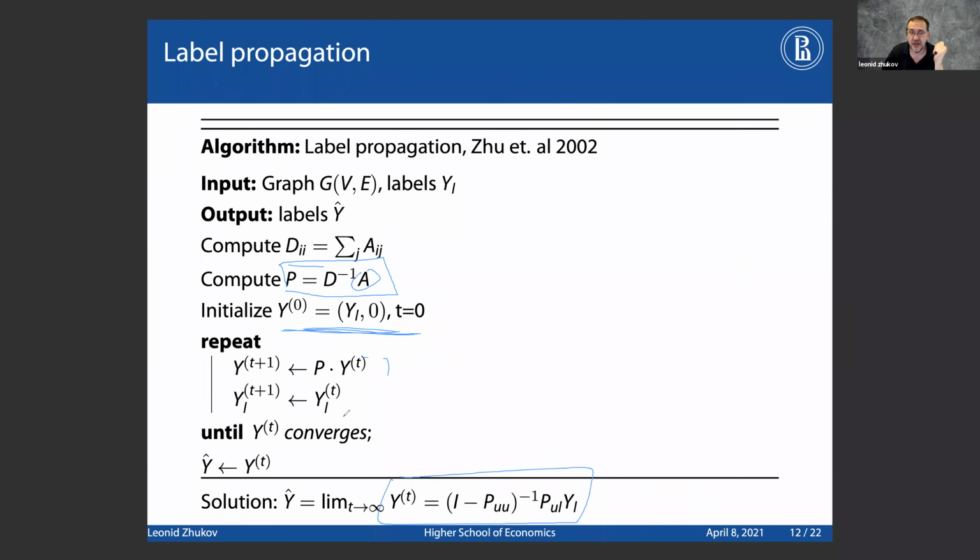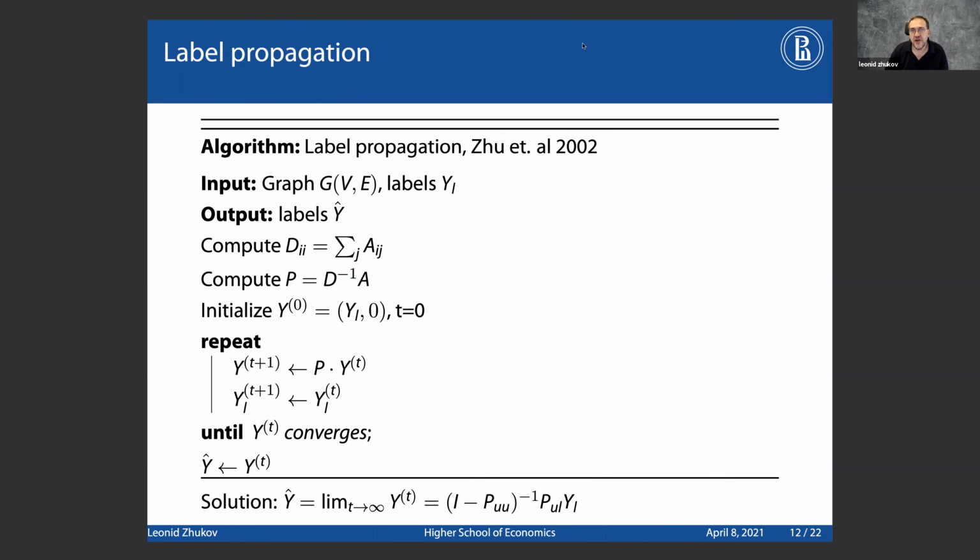Eventually it will converge, and the nodes will carry the probability of having certain labels, depending on labels on the graph. Obviously, in this case, you can have as many types of labels, as many classes, as you want in this type of approach.